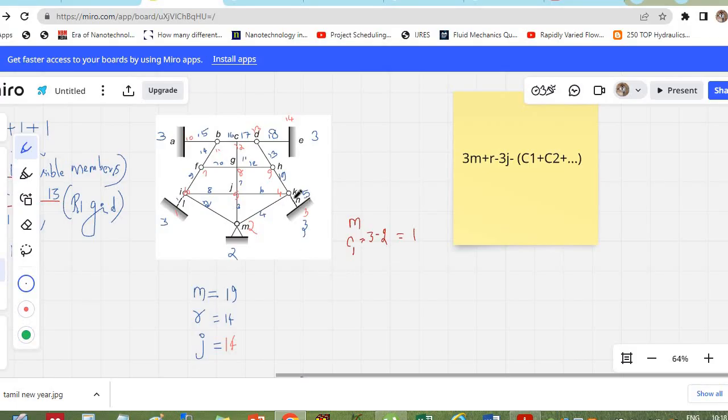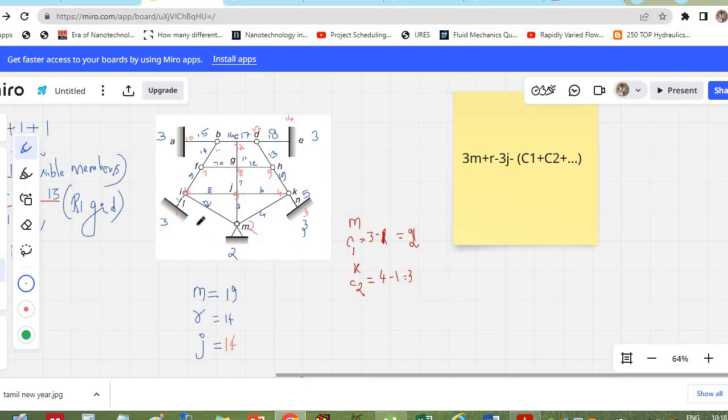Then take the member K, C2 equals 4 members are meeting, so 4 minus 1, which is equal to 3.